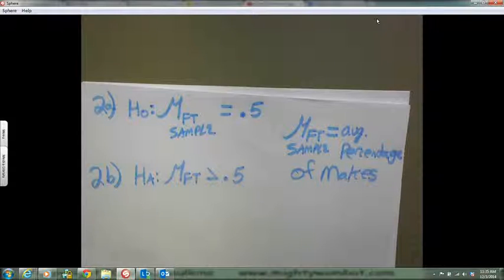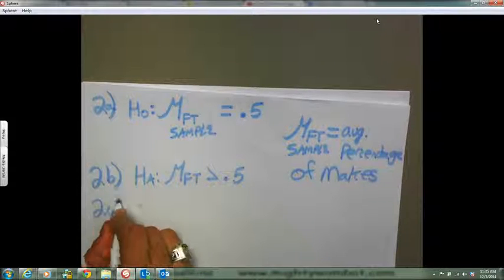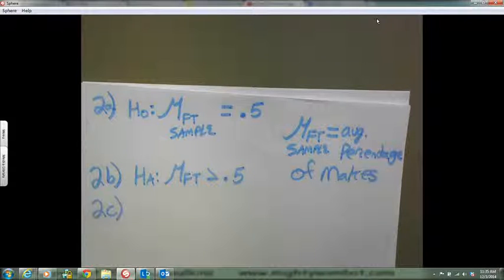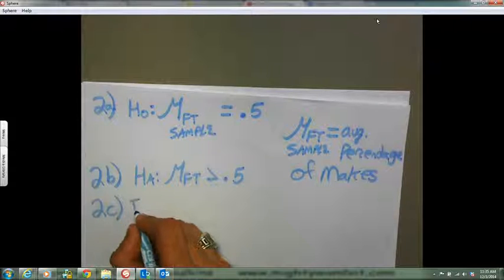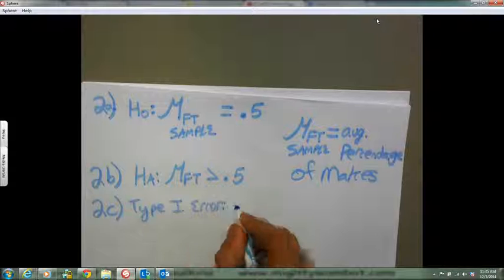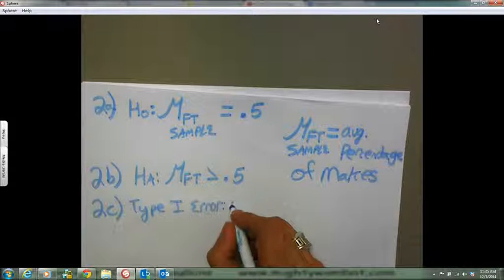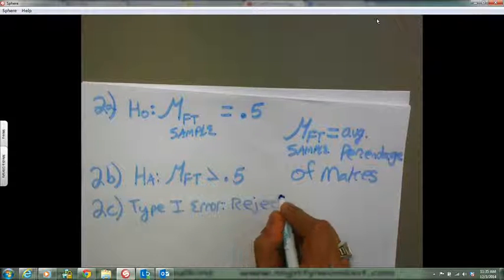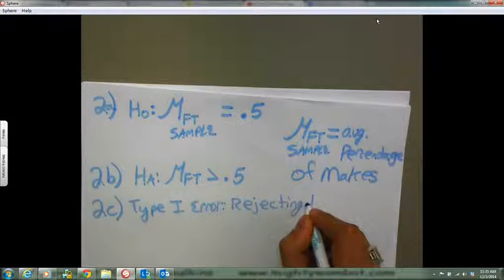On 2C, they ask us to identify what type 1 error means. This has gotten confusing in the past, so let's be really clear on it. Type 1 error is rejecting the truth.